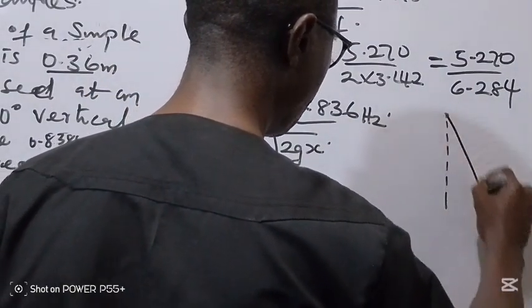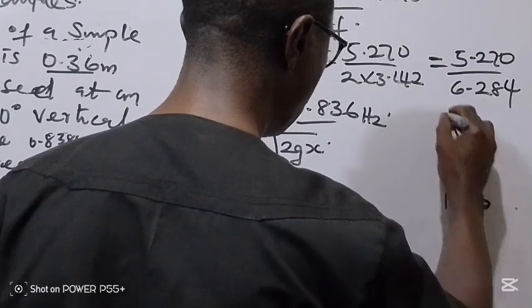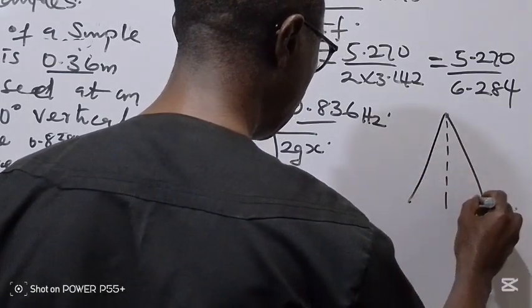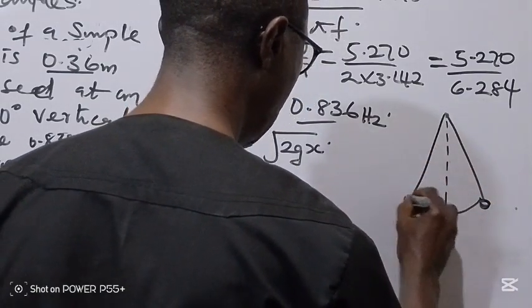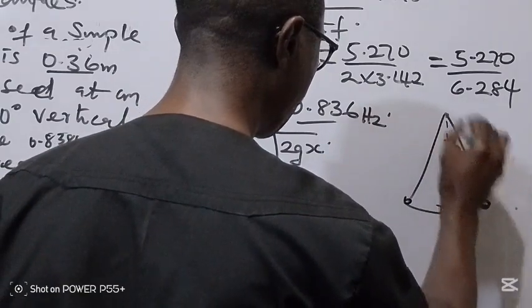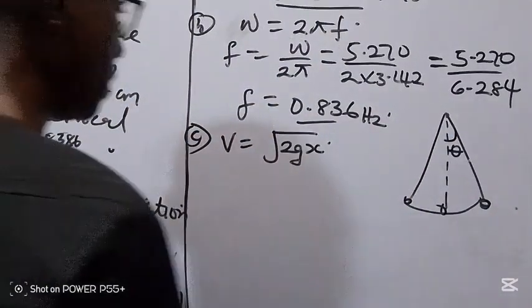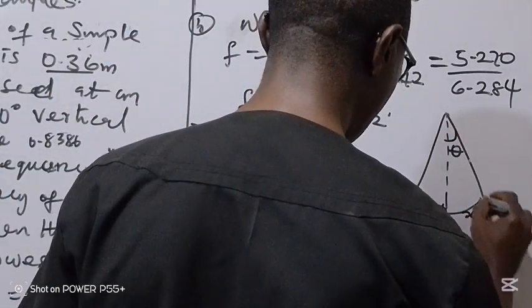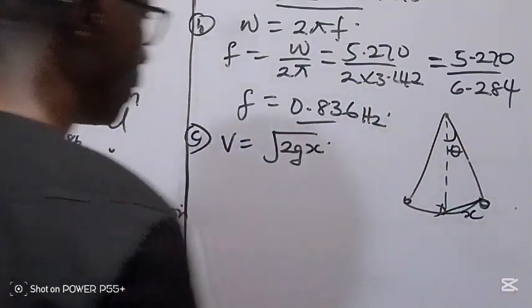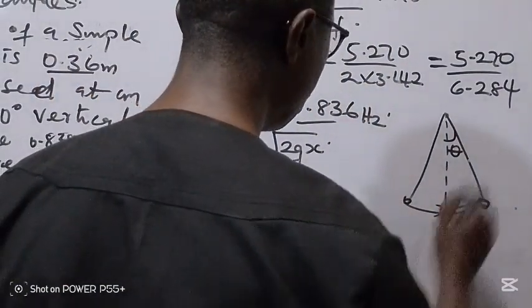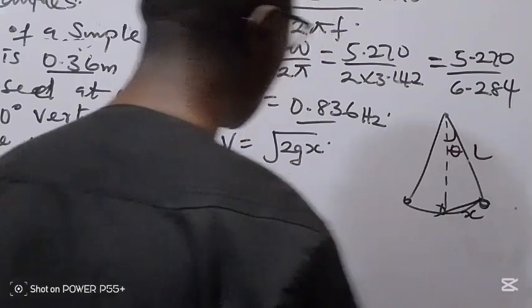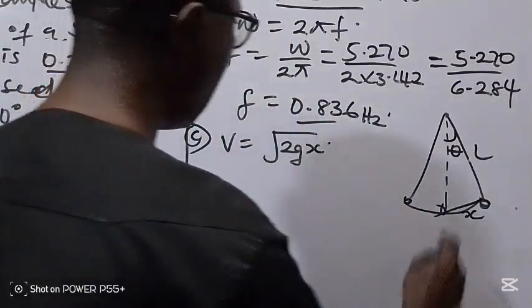This is angle theta, then g is given. This is our s. So if L is given, we can calculate our s by drawing a right angle triangle. This is s, this is theta.